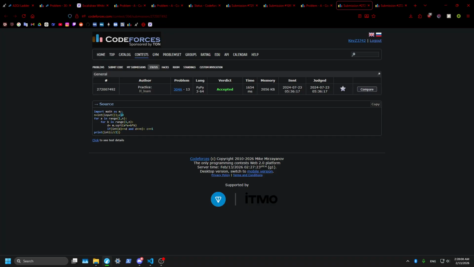Okay. c equals 0. math.sqrt. If int d equals d, and isn't this exactly what I did and it was too slow?